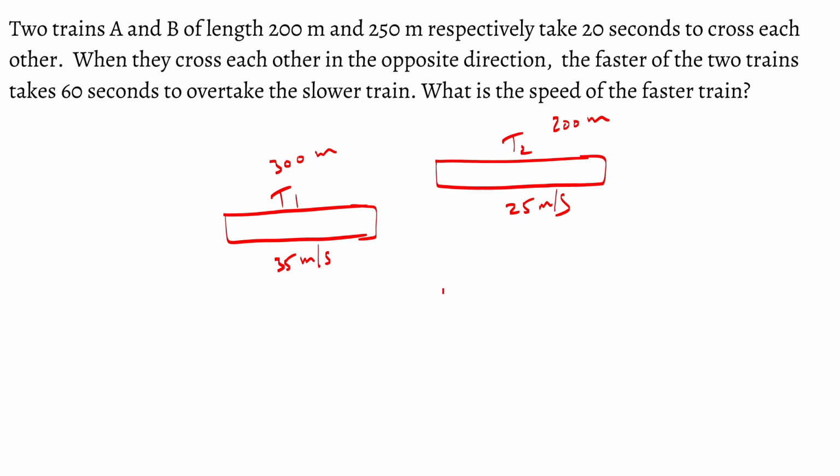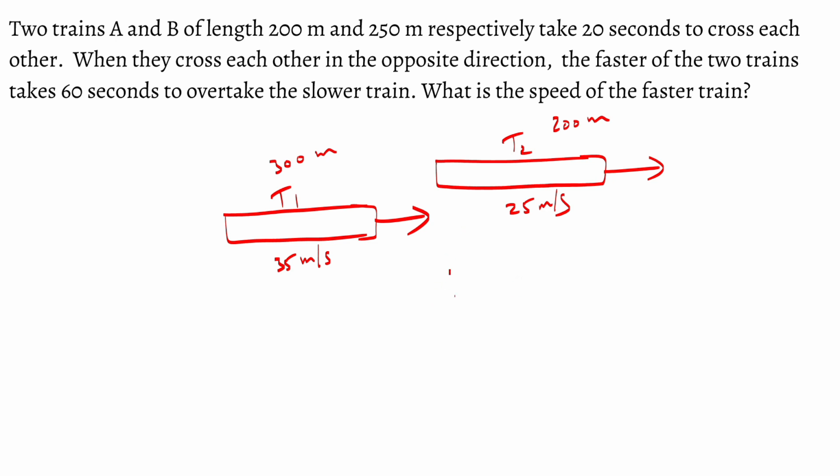Here if we observe the distance and the direction, I didn't mention it here, sorry. Train 1 is moving along with train 2, so the direction is the same. If the direction is the same, as we discussed in the previous slide, we must subtract the speeds.